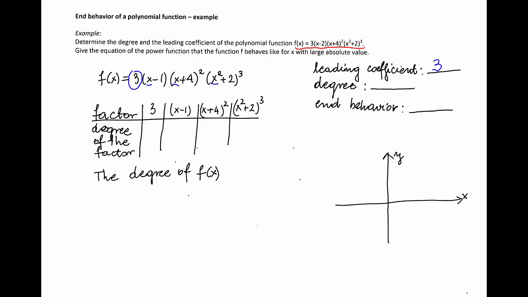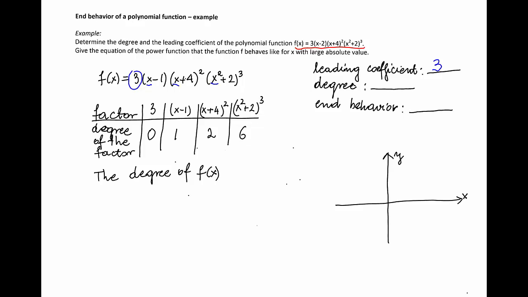The 3 has degree 0. The x minus 1 factor has degree 1. X plus 4 squared has the degree 2, and x squared plus 2 cubed has the degree 6, because this is the third power of x squared plus 2.